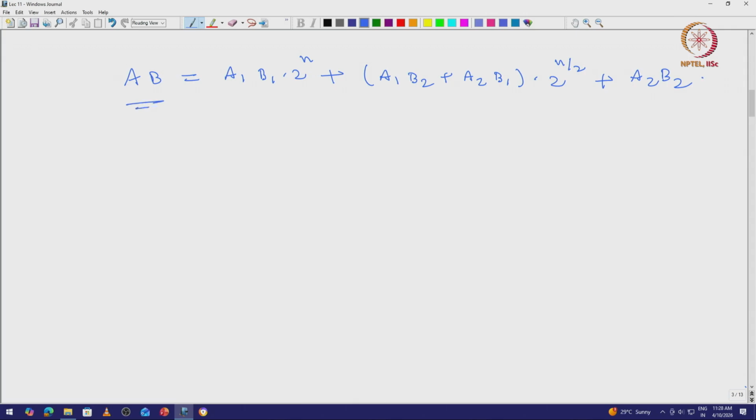So, the product can be, this is the product of two n by 2 bit numbers.